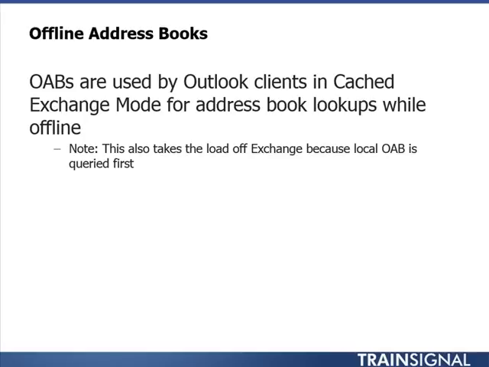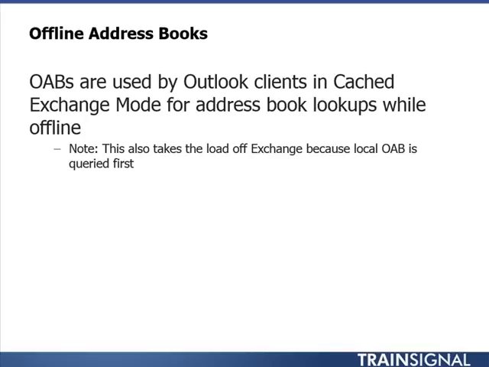Now, in previous Exchange releases, the offline address book generation was actually bound to specific Exchange servers by the server property. So basically, the default behavior was when you install the first Exchange mailbox server, setup will designate it as the offline address book generation server.